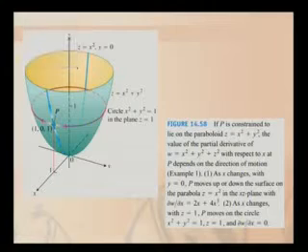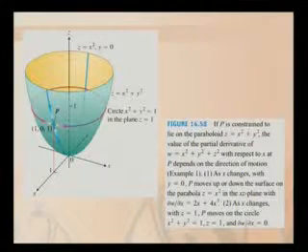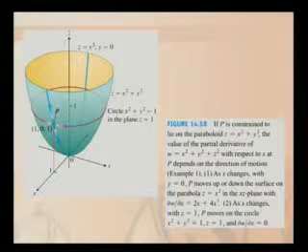Just look at this figure. Here P is constrained to lie on the paraboloid z equals x square plus y square. The value of the partial derivative of w, x square plus y square plus z square, with respect to x at P depends on the direction of motion.